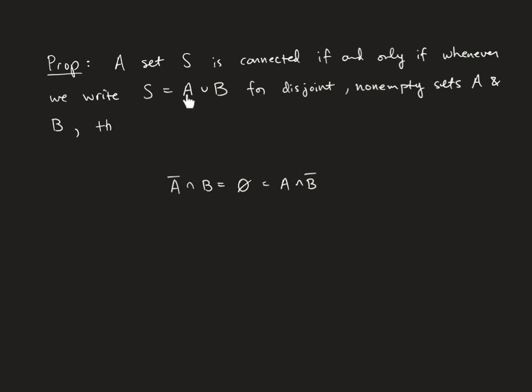And since A and B are disjoint, the limit points we've added must be falling into B to make this not equal to the empty set, or the limit points of B must be falling into A to make this not equal to the empty set.